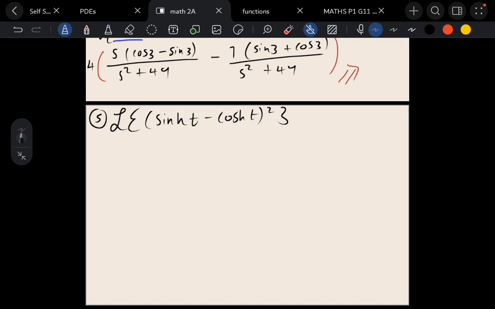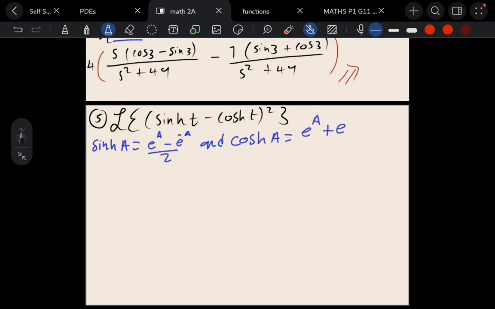We know that sin a is (e^a minus e^(-a)) divided by 2, and cos a is (e^a plus e^(-a)) divided by 2.